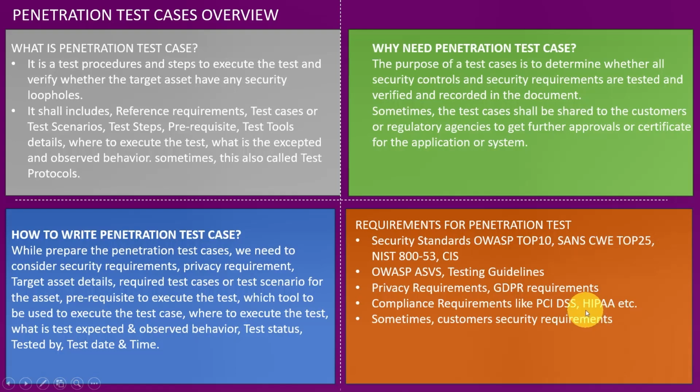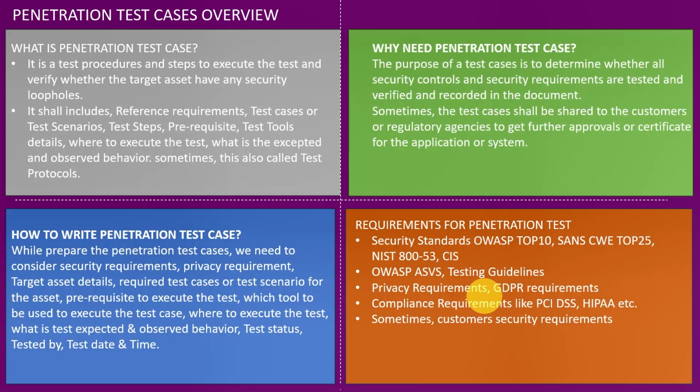Based on the sensitive data, we need to select the compliance requirements. Sometimes customers also provide specific requirements. Those requirements we need to convert into penetration test cases, and we need to execute them on the target system or target assets. So these are the requirements we need to consider when we create the penetration test cases.